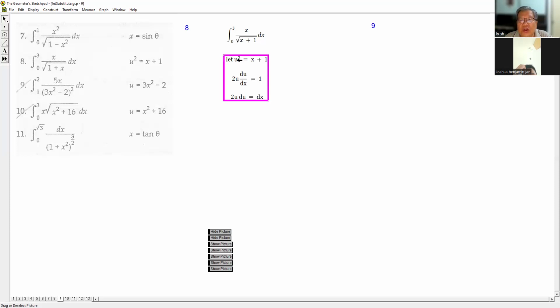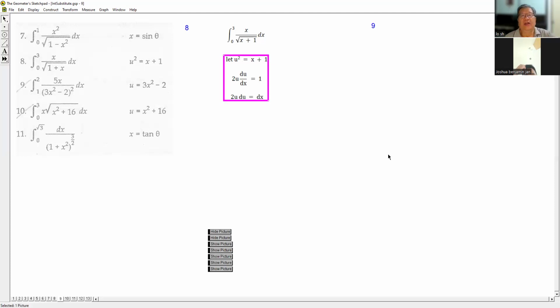So differentiate u square becomes 2u. But u square becomes 2u is only true when you differentiate u with respect to u. If you differentiate u with respect to x, then you have to add the du dx. That is the reason why it becomes 2u du dx.